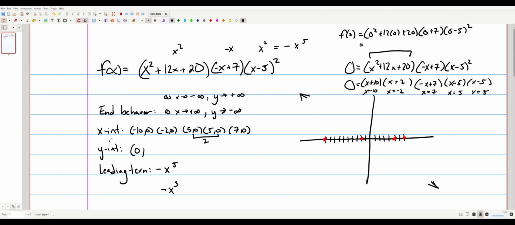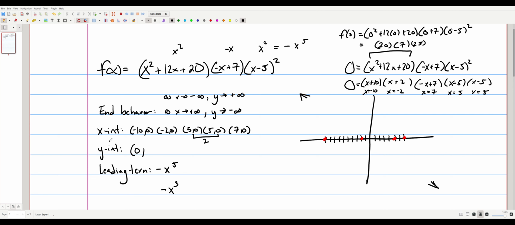This portion, 0 squared plus 12 times 0 plus 20, is just going to give me 20. 0 plus 7 is just 7. And 0 minus 5 is negative 5, but negative 5 squared is going to give me positive 25.